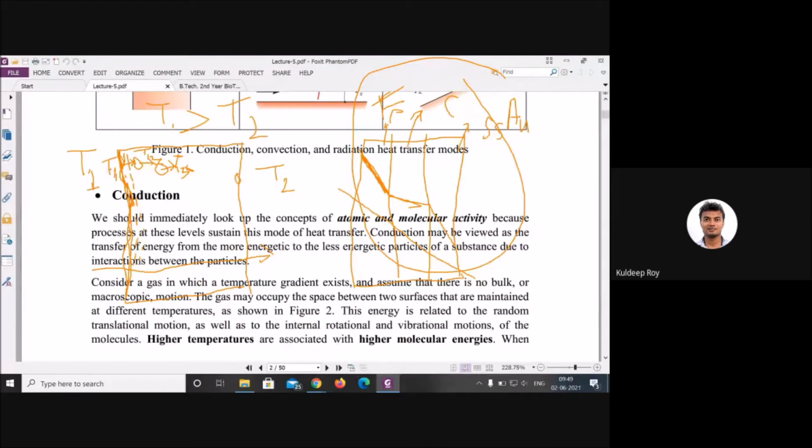If you determine the difference from this to this and this to this, it will show a decreasing trend like this. This graph justifies that this zone is at higher temperature, and here it is at lower temperature.